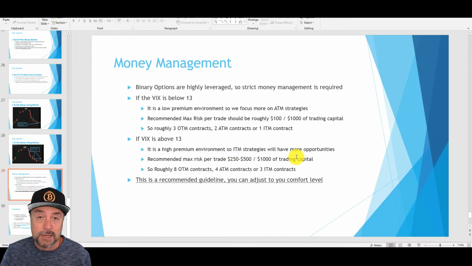The reason is that we're getting safer entries. The entries that we get in a high VIX environment are a lot safer, even though they're meeting the same requirements as in a low VIX environment. They're just safer in a high VIX environment because Forex behaves better there. It seems counterintuitive, but that's the reality.